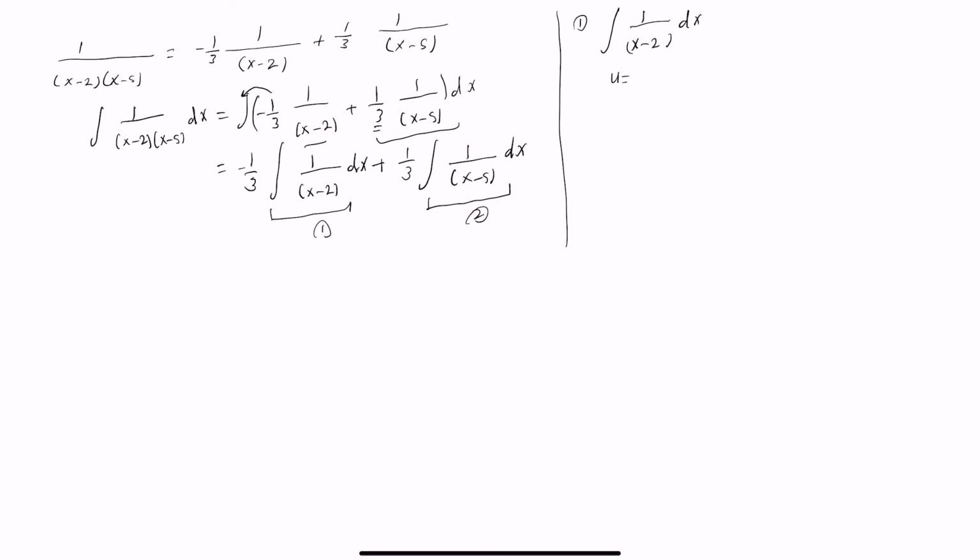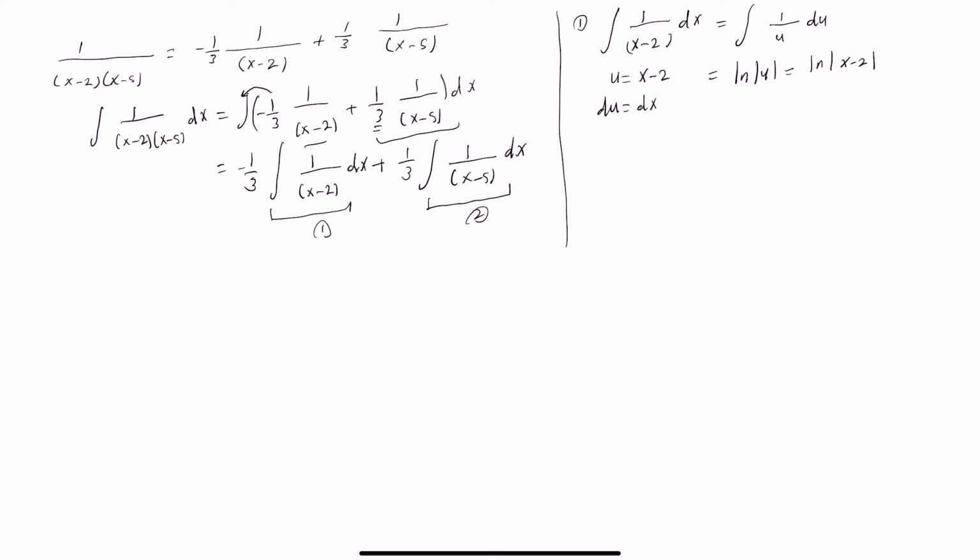So u is equal to x minus 2, and du is equal to dx. Now this integral is the integral of 1 over u du, which is the natural log of the absolute value of u. Back substituting, it's the natural log of the absolute value of x minus 2.